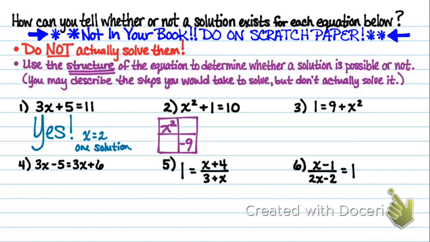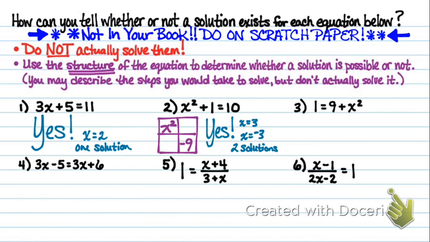So this would be another yes. X equals 3, x equals negative 3. I know I asked you not to solve them, but as we're talking through it, I think it's important that we point out what some of the solutions could be here. So this one has 2 solutions.